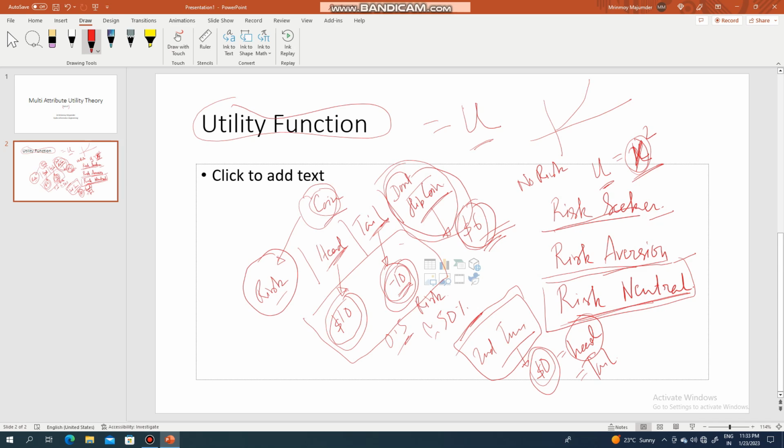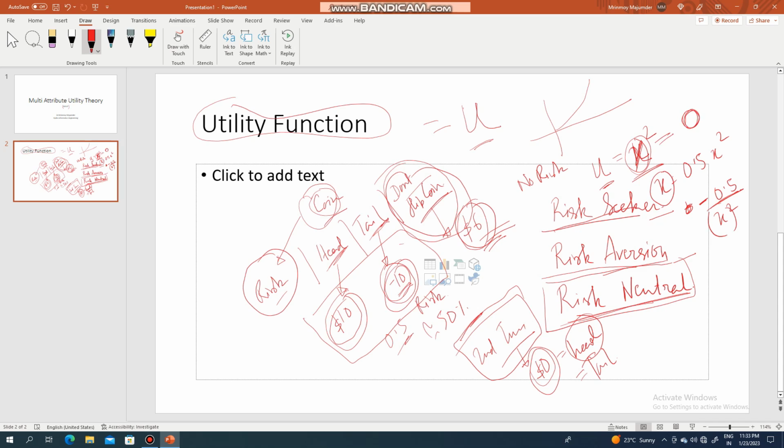But as this is a risk, then actually this becomes 0.5 x squared. That means a 50% chance of getting the profit, $10. And there is also a minus 0.5 x squared. That means there is also a chance that your profit will be diminished. So actually then your utility is zero.